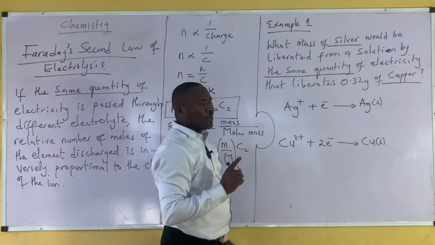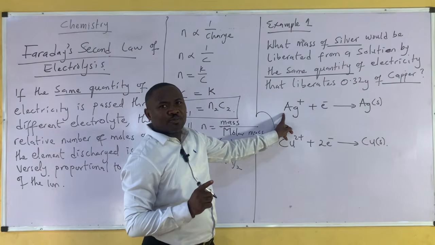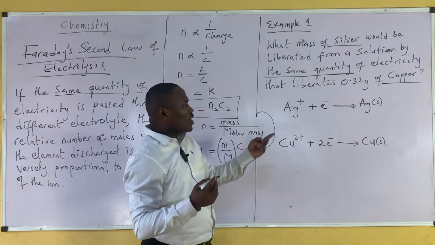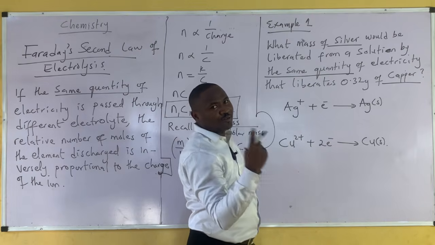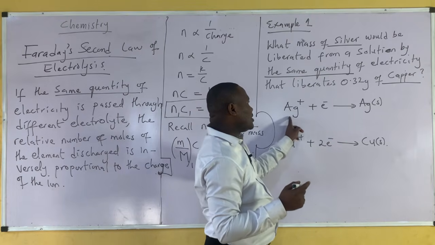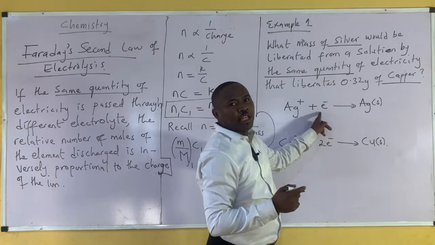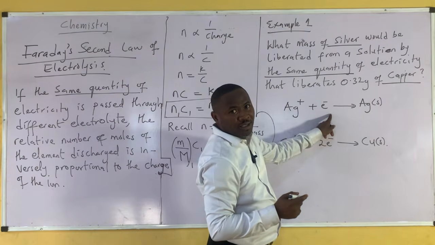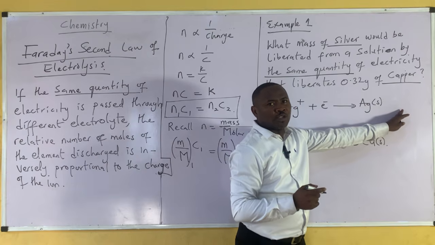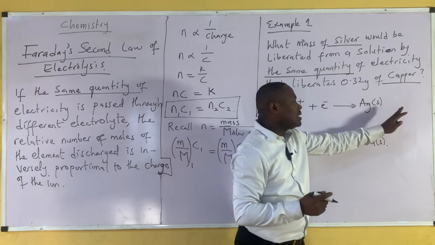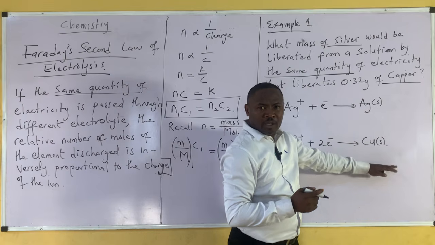Now remember, what is the expression? If I was solving Faraday's first law, I would start by saying 1 electron or 1 Faraday or 96500 will give me 108 grams of silver. That is not the procedure that we have here.